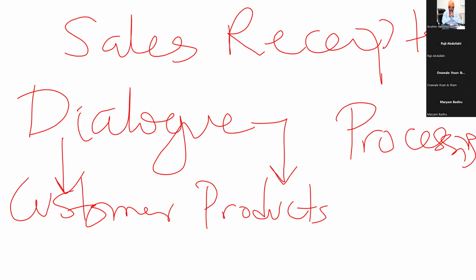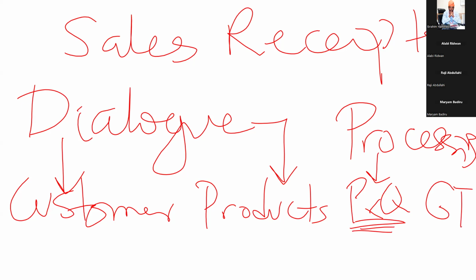Now, the processing part is where we will be doing some multiplications of price times quantity. We will get many of these depending on the number of items being bought. Then we will get the grand total.